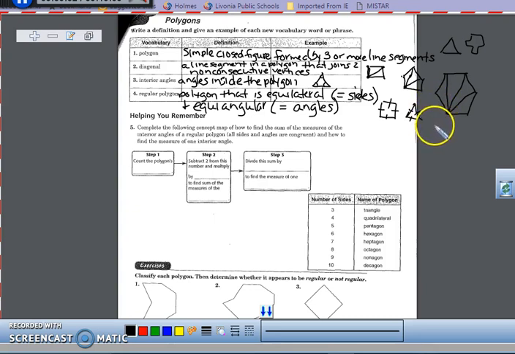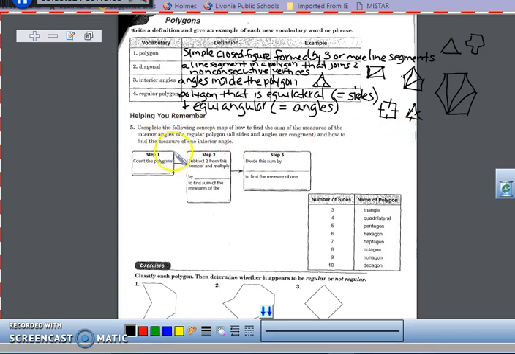See if you can figure out a pattern there. I've got 4 sides and 2 triangles, 5 sides and 3 triangles, 6 sides and 4 triangles. The number of triangles inside each polygon is 2 less than the number of sides, and we're going to use that to help us figure out the sum of the angles in a polygon.